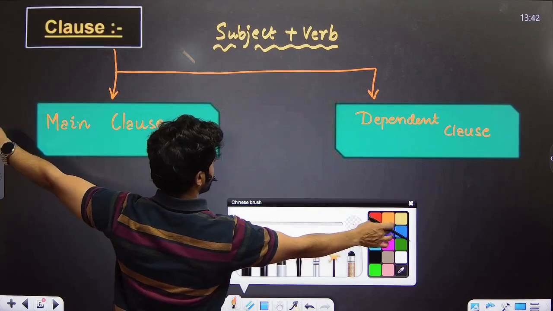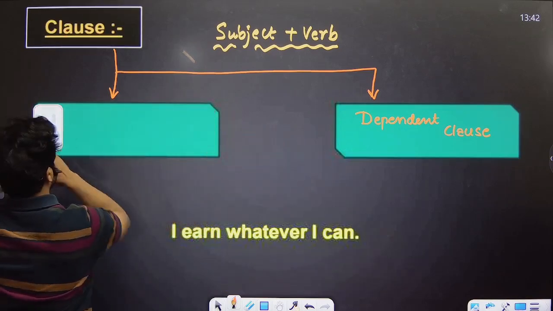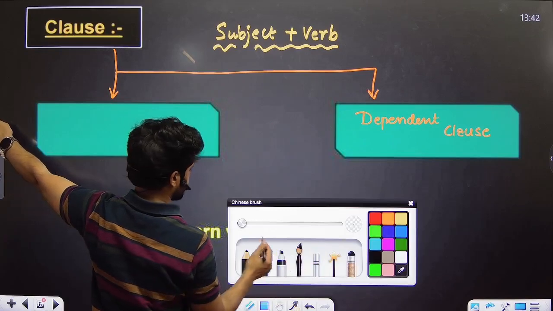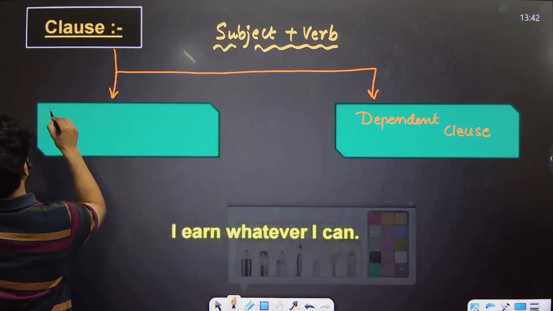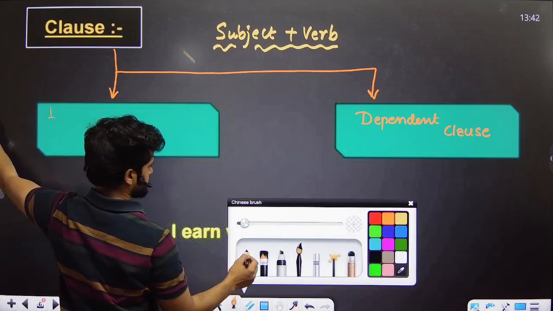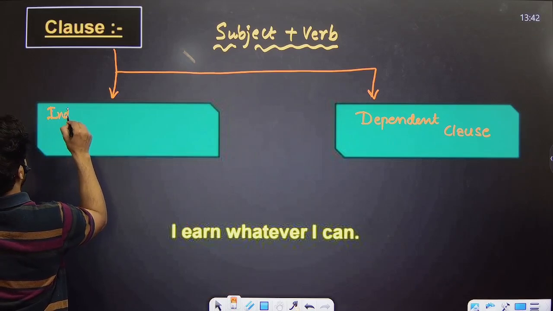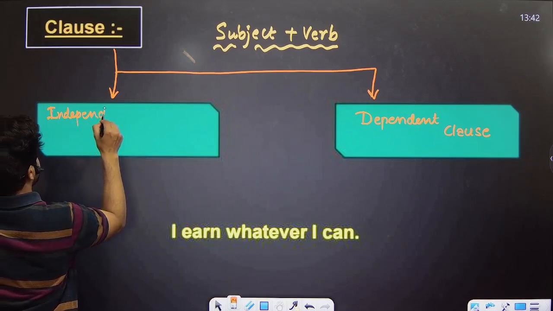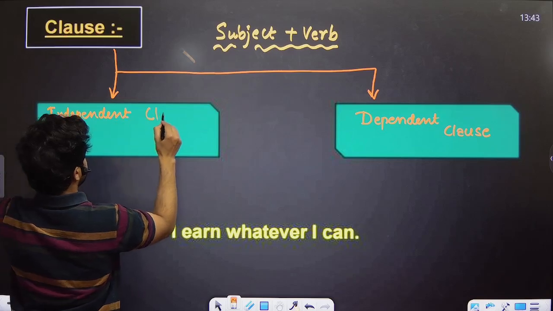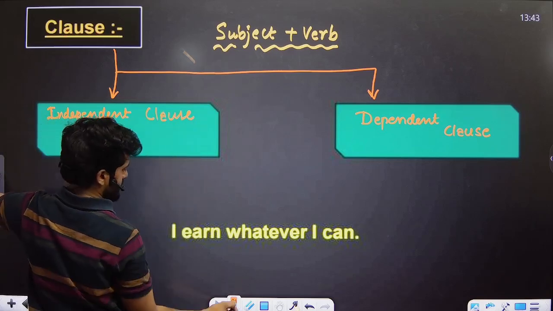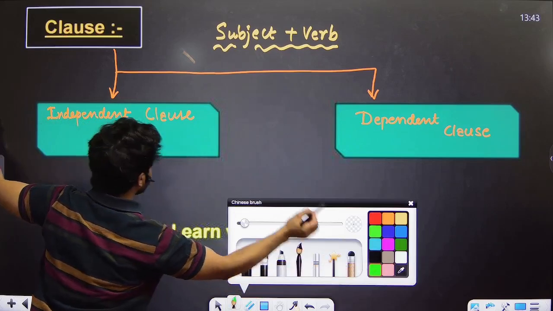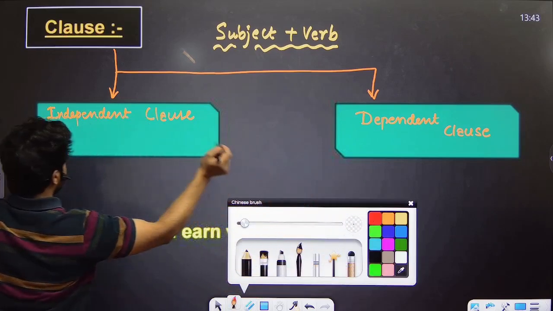Main clause is only termed as independent clause. It is only termed as your main clause.